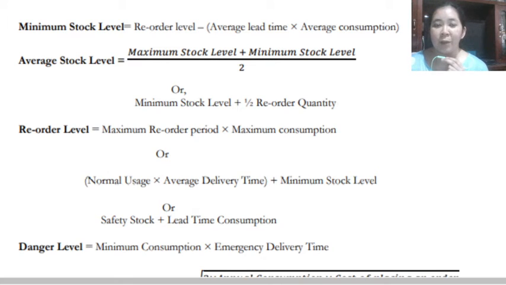For the next formula, we have here the reorder level. So here, reorder level again, this is the level of inventory in which the entity should place already their order.